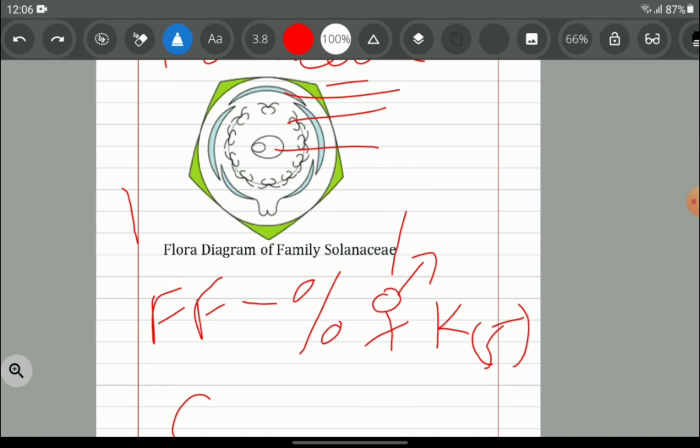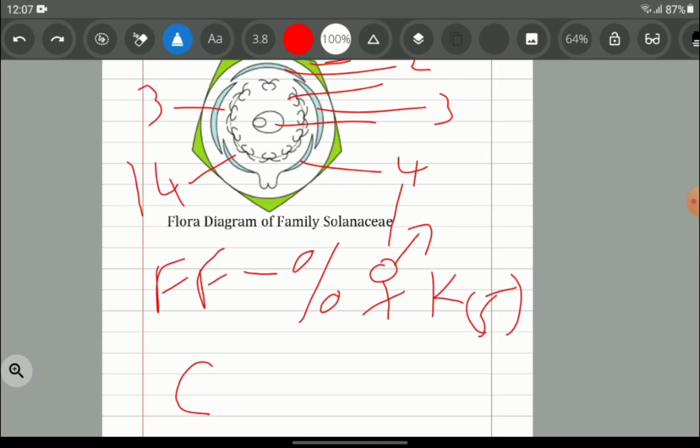Are all the 5 united or in the same circle? No, they form one. Let me give the numbering. This is 1, this is 2, this is 3, and this is also 3, and this is 4, and this is also 4. See the number 2, the petal. Number 2 is in the outermost circle. Are you getting it?